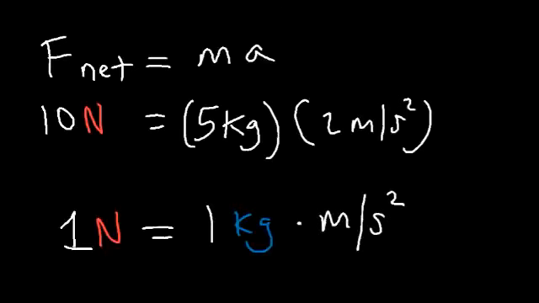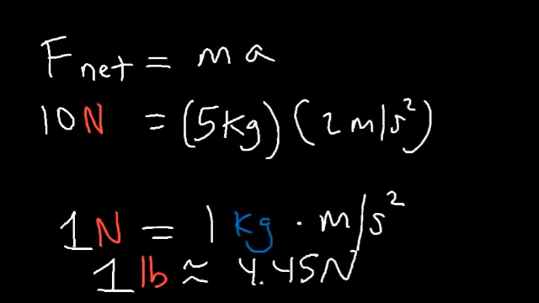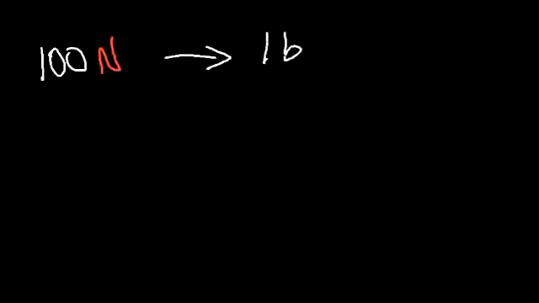It turns out that the newton is not the only unit for force. Force can be measured in pounds. It turns out 1 pound is approximately 4.45 newtons. So now you know how to convert from newtons to pounds. So let's say if you have about 100 newtons. How many pounds of force does that represent?